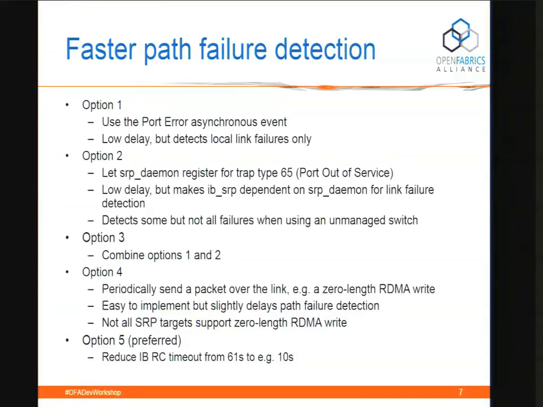That allows detecting a cable pull very quickly, but it only works for local failures. Second option is to use the InfiniBand subnet manager to register for trap type 65. That's the port out of service trap. That allows detecting link failures with a very low latency.